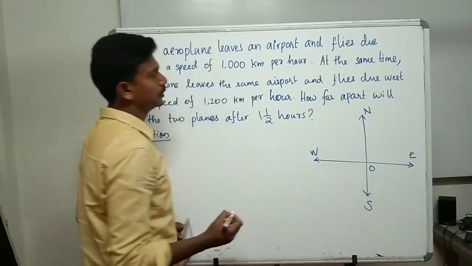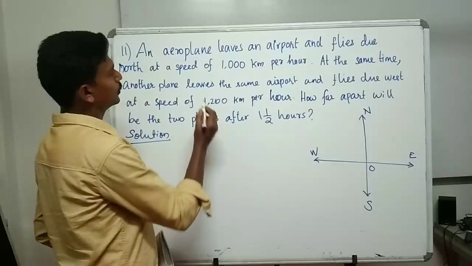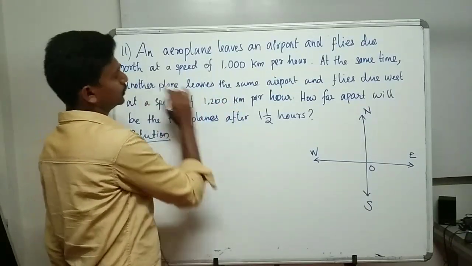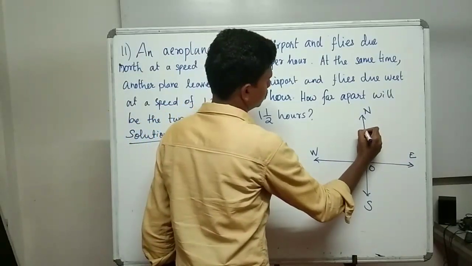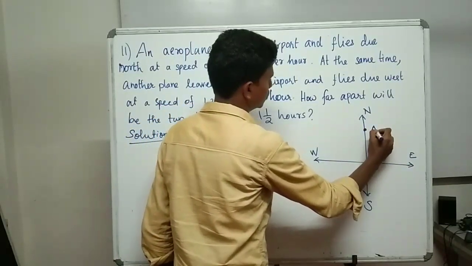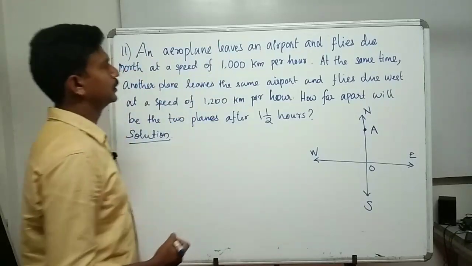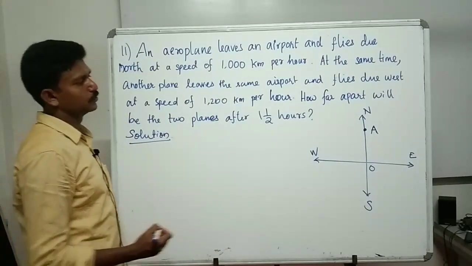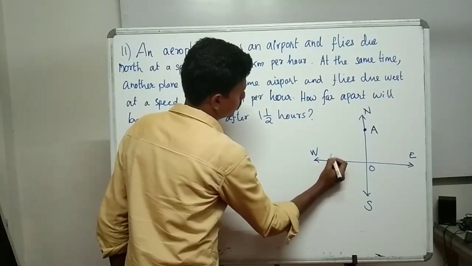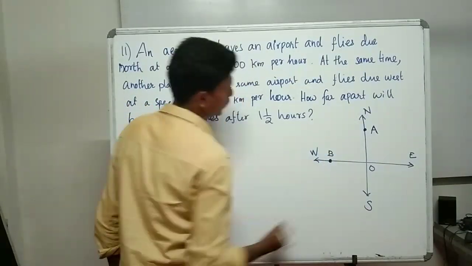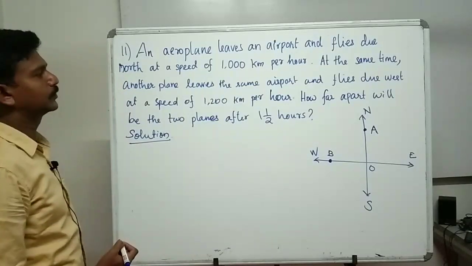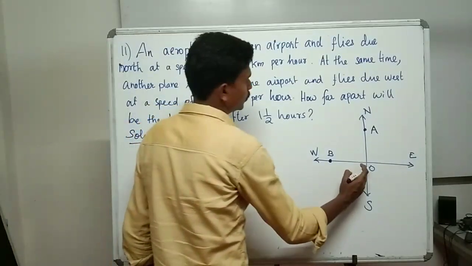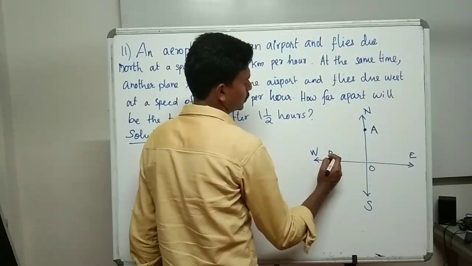So one plane is going due north, so we can say it is plane A. Then another plane goes due west, it goes to the west side, so we can say it is plane B. They are starting at the same time, one going towards north, the other towards west.